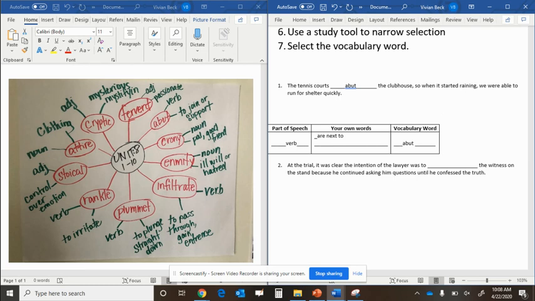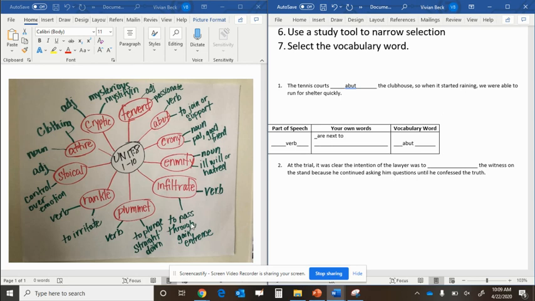If you look at our graphic organizer, we only have a handful of verbs in this graphic organizer: rankle, plummet, infiltrate, and abut. So at the trial, it was clear the intentions of the lawyer was to blank the witness, was to infiltrate the witness, was to plummet the witness, was to rankle the witness.